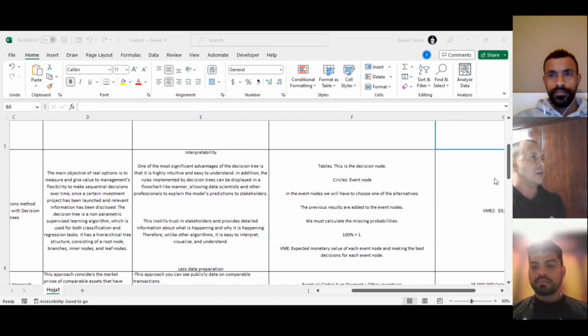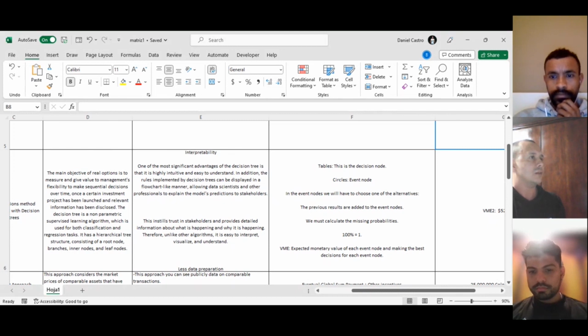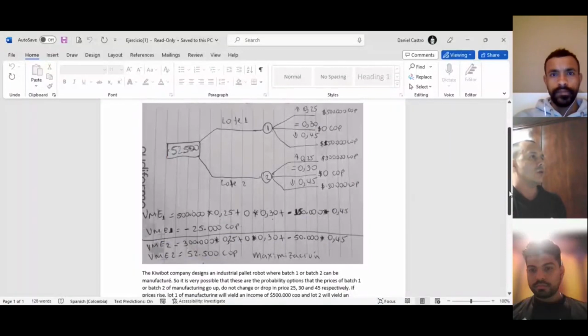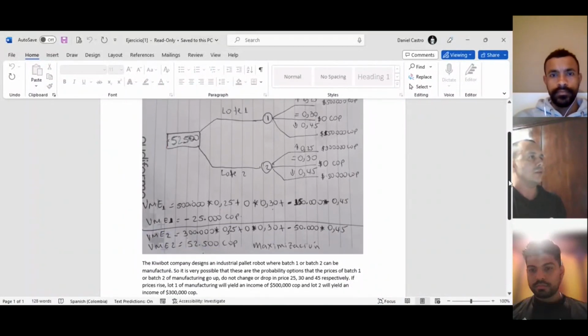We now draw a decision tree. We have two nodes: the decision node, which can be represented by a rectangle or with an asterisk, and on the other hand the event node.